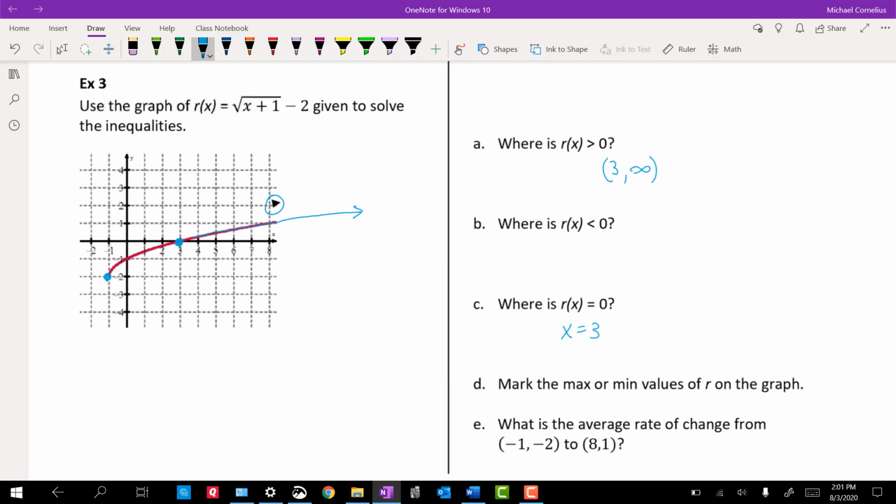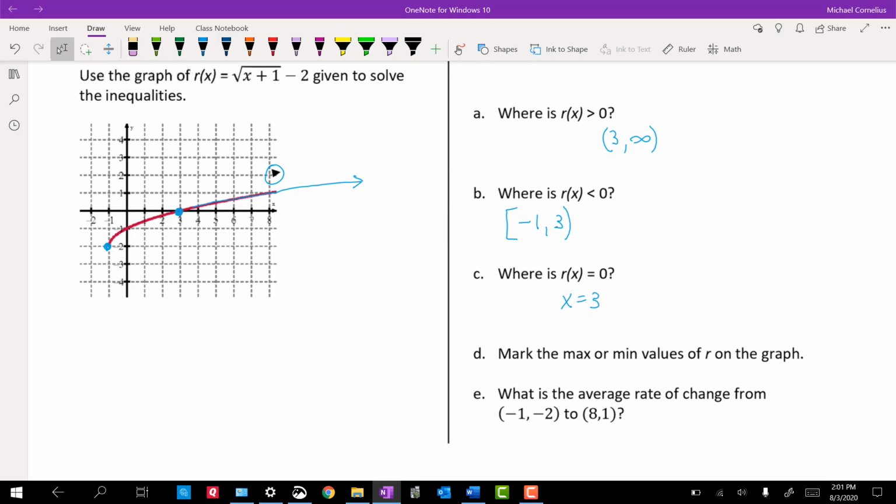I'm below the x-axis from -1 up to +3, and I don't get to touch. Oh, wait a minute. Actually, at -1, I am touching because it stops at -1, so I need a bracket right there. Okay? Mark the minimum or maximum values of r on the graph.